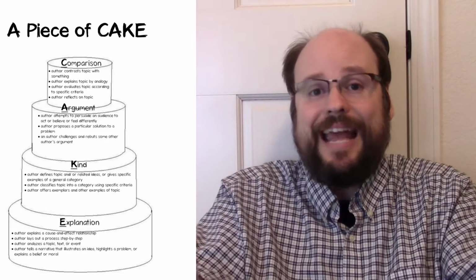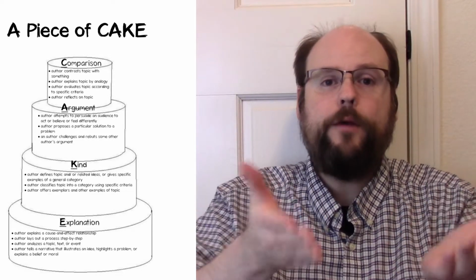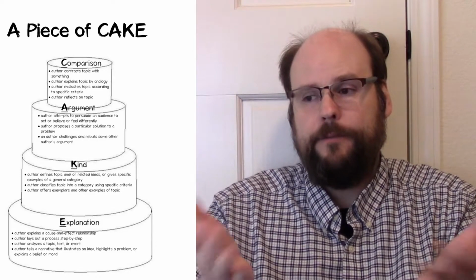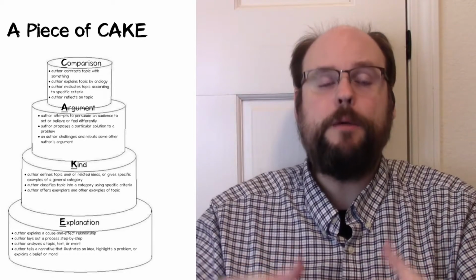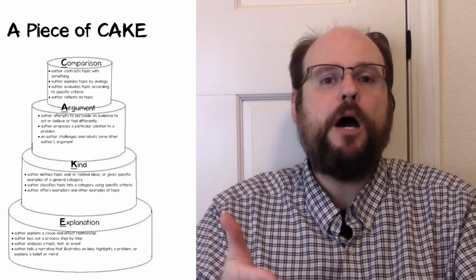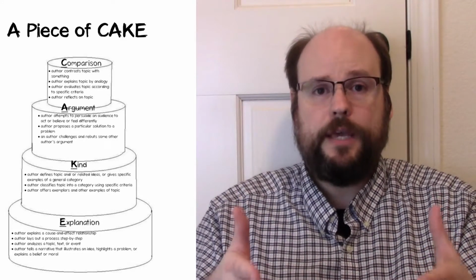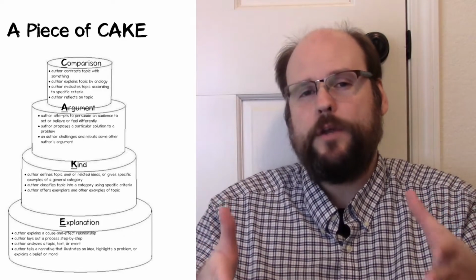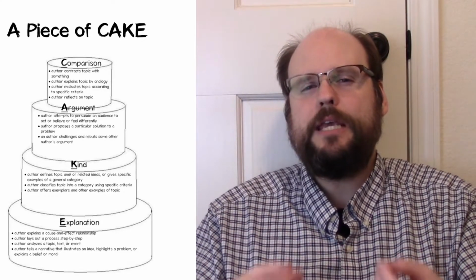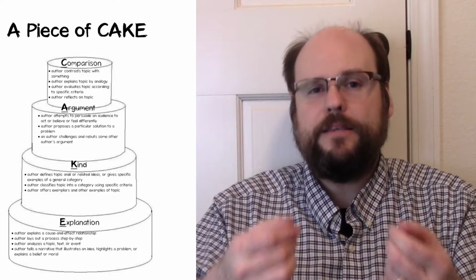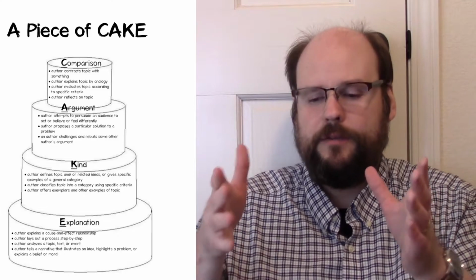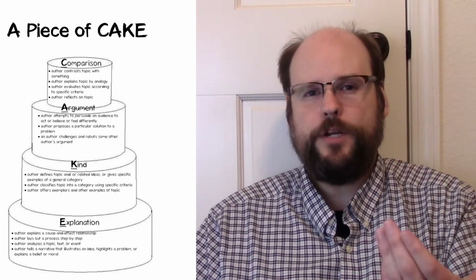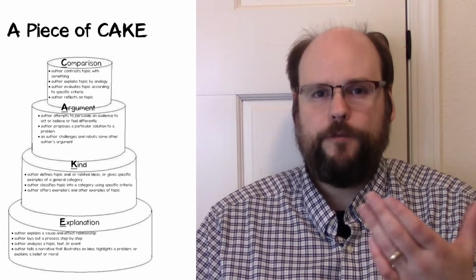Here's a whole set of things, and where do these things fit? It can be about exemplars. The best guitar that you can buy is. Any of those things would fall under the category of kind. So when you see authors making these kinds of definitions or setting out these classifications, that's when you're going to go to K for kind.